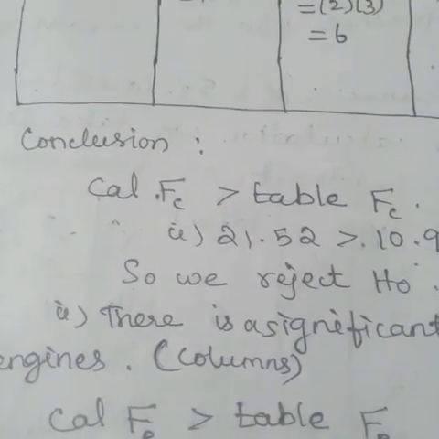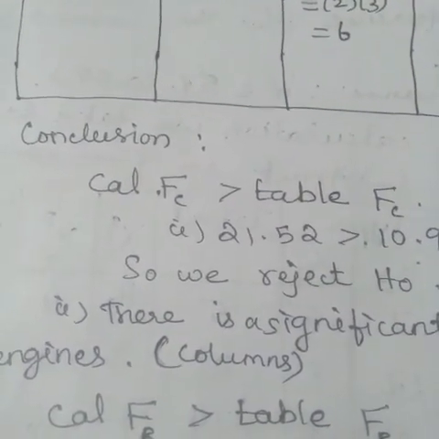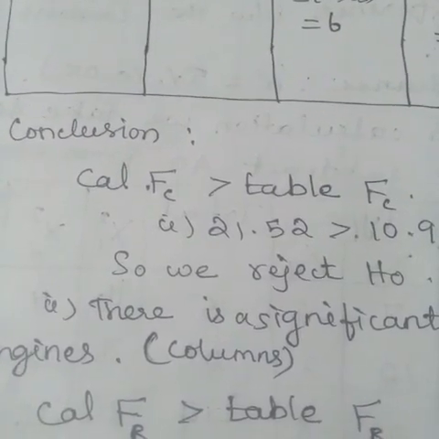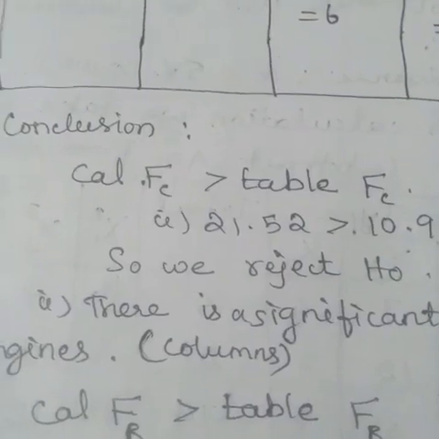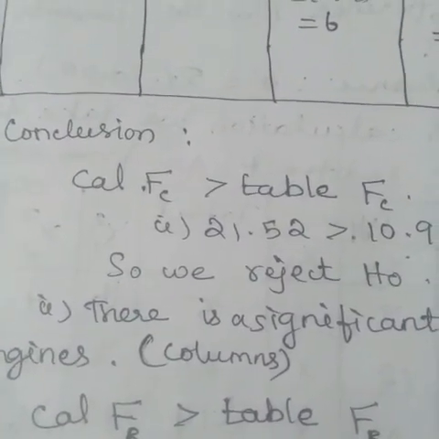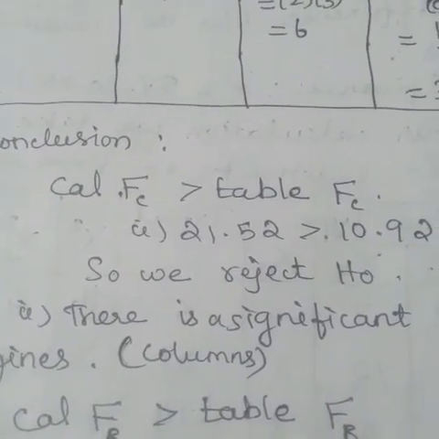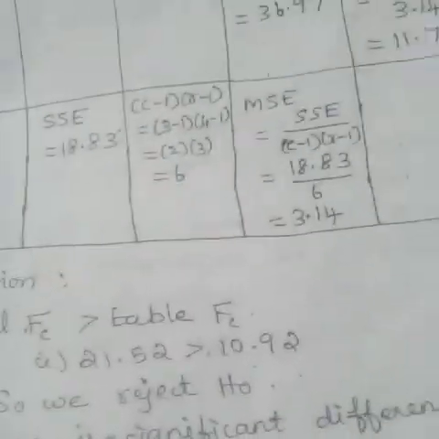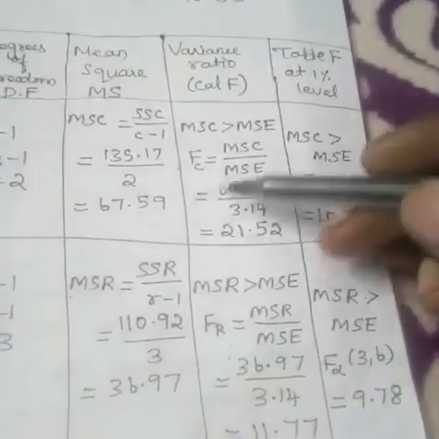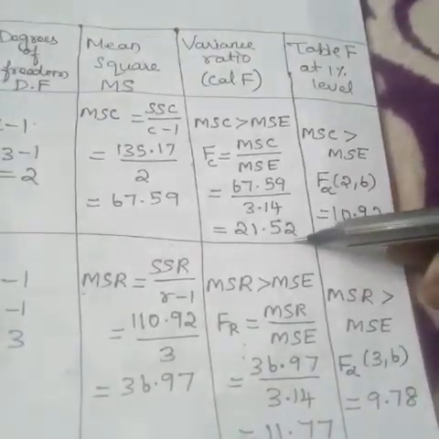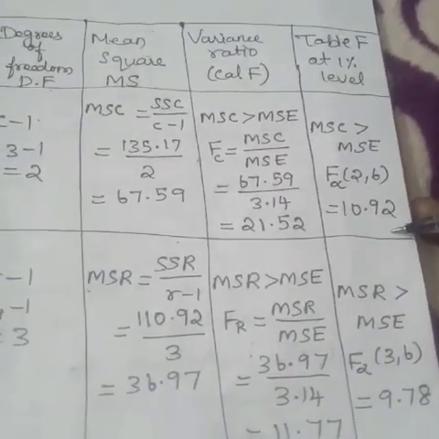That means whether there are any differences within the engines or within the detergents. So we have two conclusions. Calculated value FC is greater than table value. So the first conclusion, for within the columns, that means within the engines: calculated value is 21.52 and table value is 10.92.